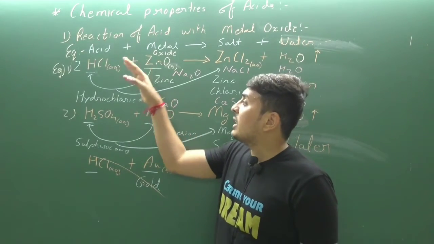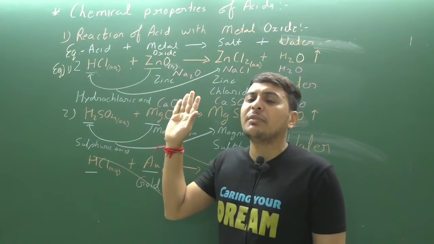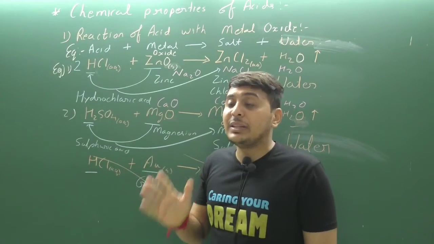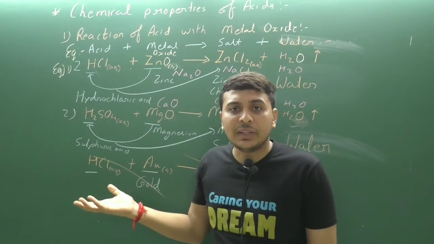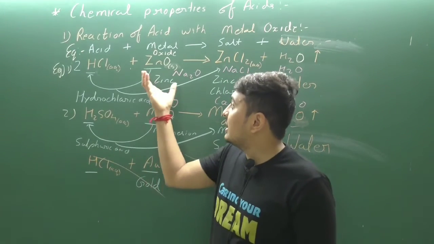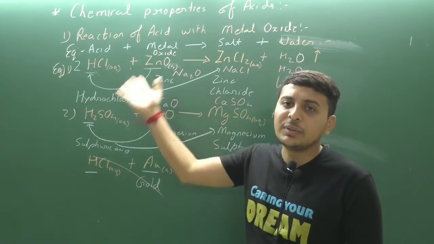See, zinc oxide can react with HCl, it can also react with H2SO4, H2CO3, H3PO4, HNO3. Whatever acid it is, zinc oxide can react with any of them, and magnesium oxide can react with any of them. Clear? Getting it or not? So any of the metals can displace hydrogen and form salt and water from the acid.